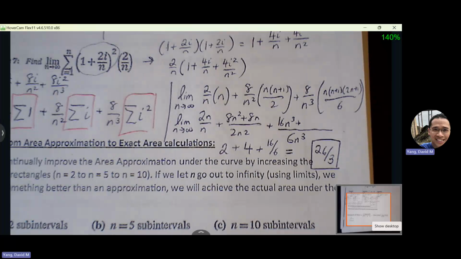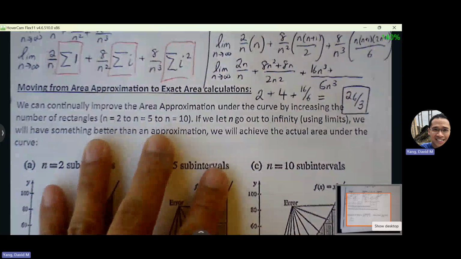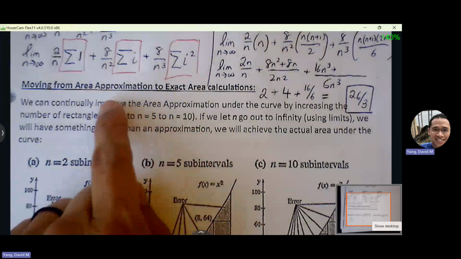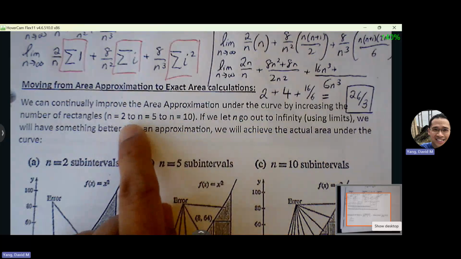Okay, so here's the whole point of us going through this process of summation notation and limit as n approaches infinity. The whole idea is that if we are using rectangles to approximate a region, the more rectangles we use, the better our approximation is going to be.